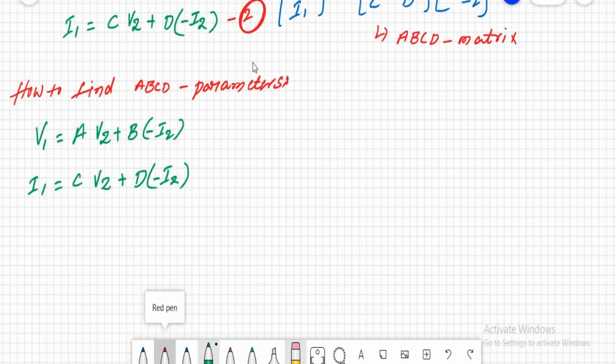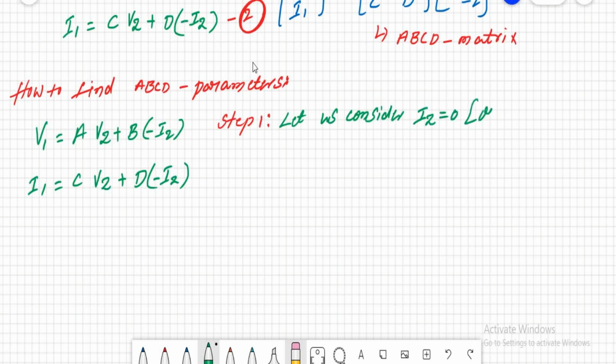So step 1 is, let us consider I2 as 0. I2 as 0, that is, output open.